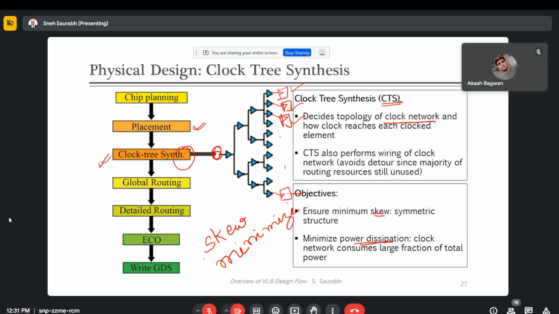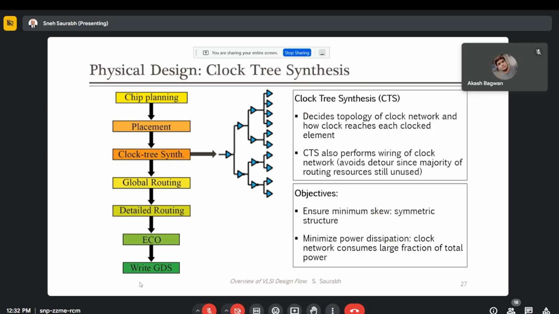The reason is that the clock signal toggles every clock cycle, right? So the activity of the clock signal is very high. It is always active, and therefore it is always consuming power in the clock network. Therefore we want to minimize this power, and that is one of the objectives of clock tree synthesis.